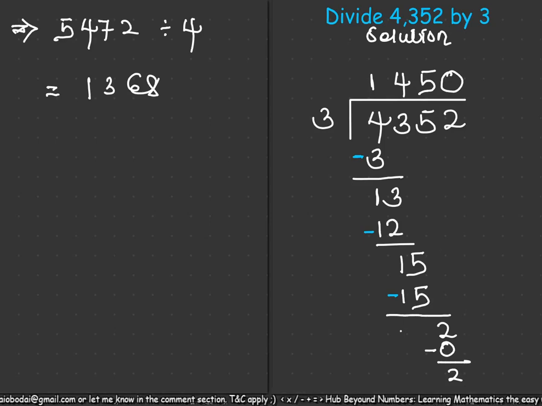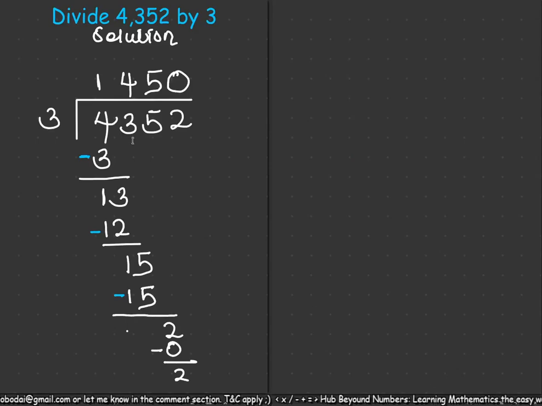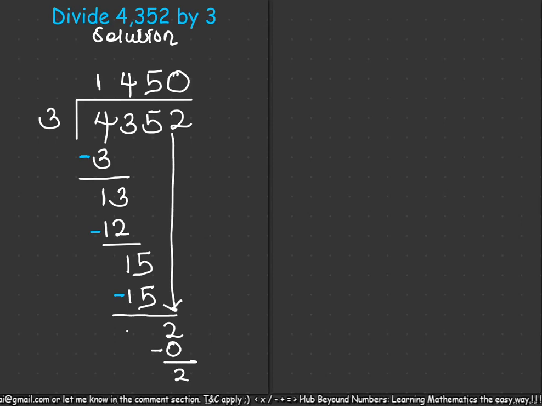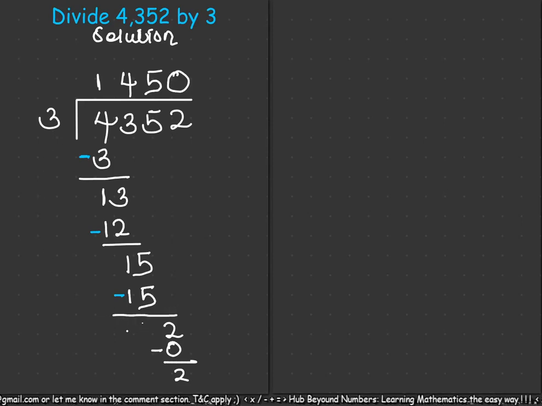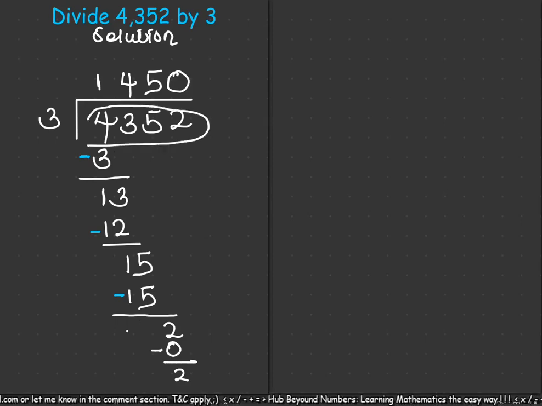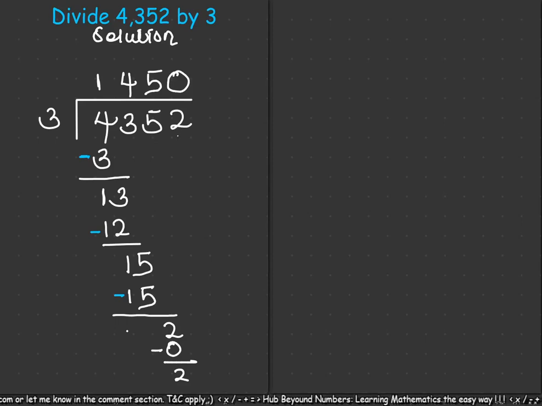I want you to take note of what is happening here. You don't get confused because you finished the first 3 and you realize the last digit was a 2, and since 3 cannot completely divide 2 to give us 1 and above, you say it's a remainder. No. For all the digits here, until the last, we always need to write an answer up here, even if it is 0.